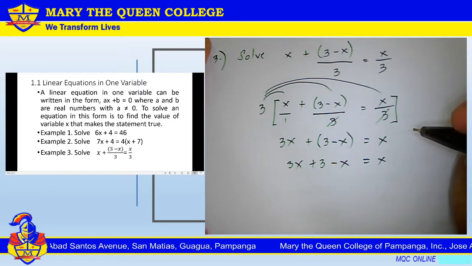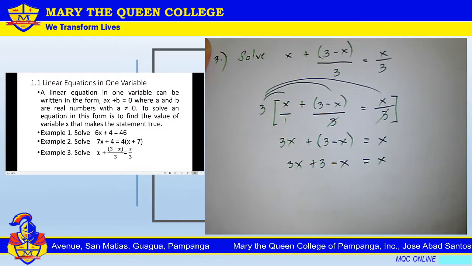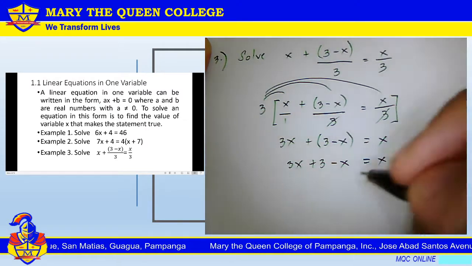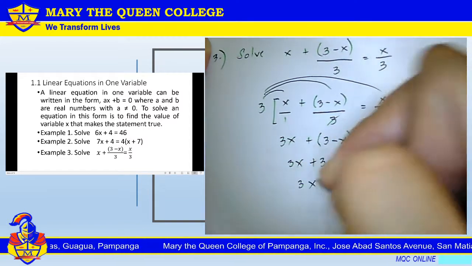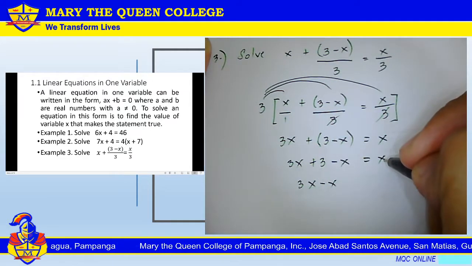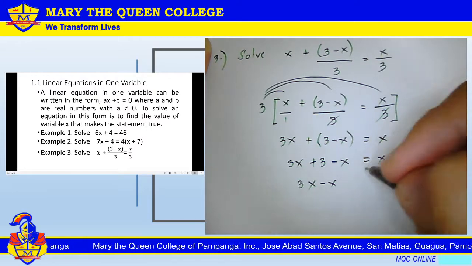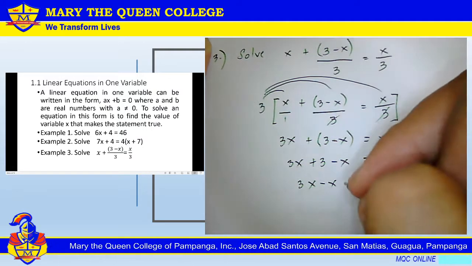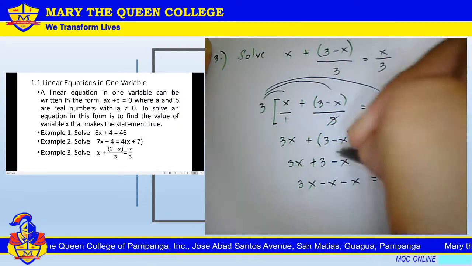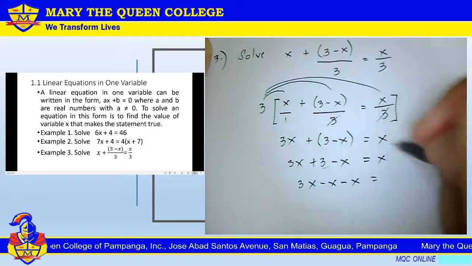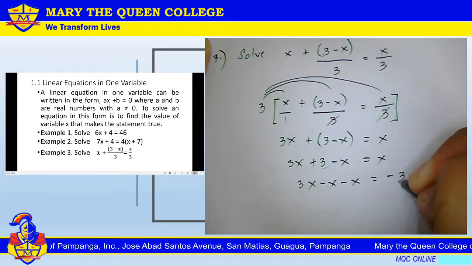Okay. And then all the terms that have the same variables must be on the left side. So continuing this, you will get 3x minus x. From here, we have x, transpose it on the left side, you will have negative x is equal to positive 3, transpose it on the right, you will have negative 3.